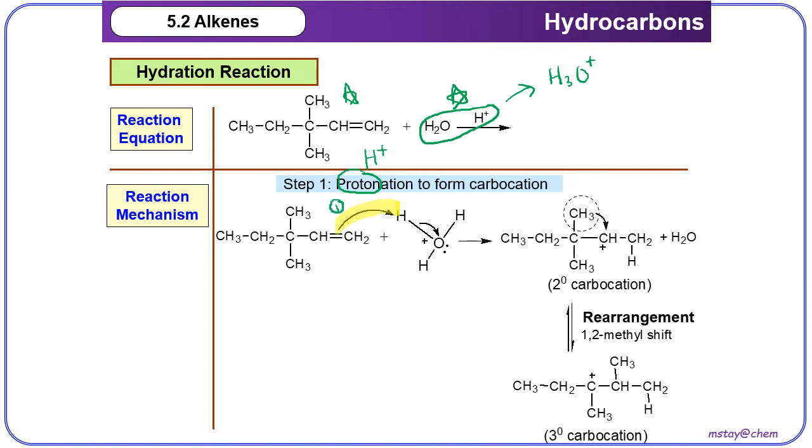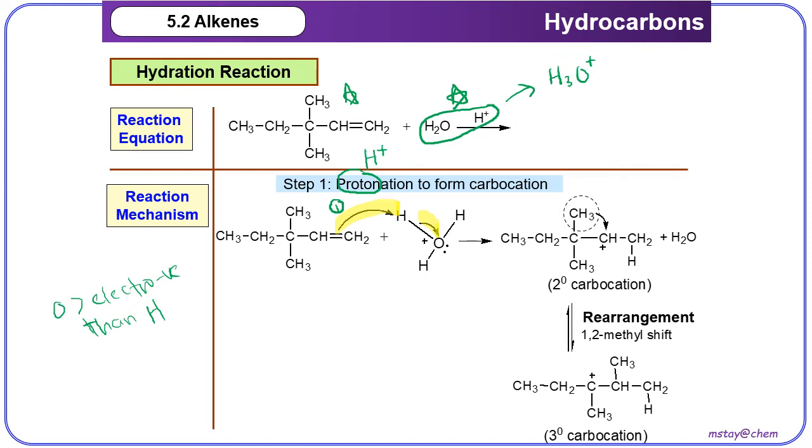Then the hydrogen needs to break the bond with this oxygen. As we know, oxygen is more electronegative than hydrogen, so the bond will break heterolytically and both electrons will be gained by the oxygen.